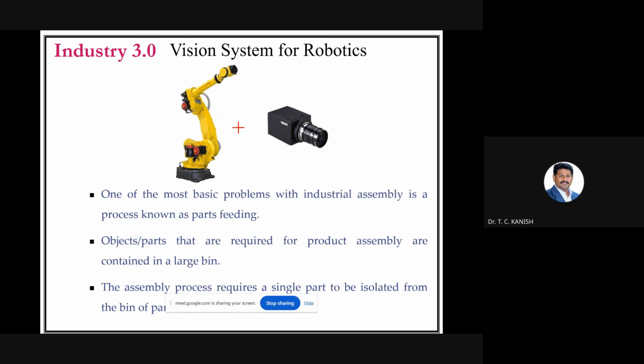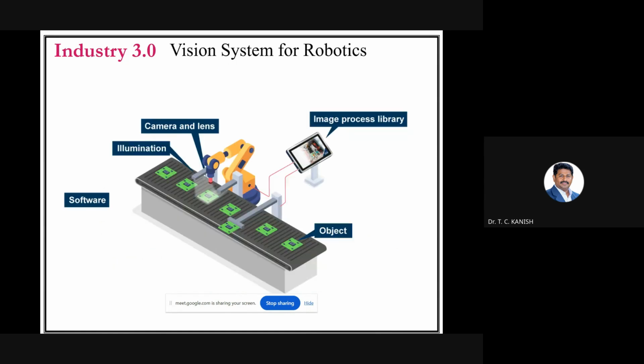So we started introducing a vision system to identify parts in an assembly. A lot of components will be there, and if you want to take out a particular component from the whole bin, we can do it using the camera. That's how we are using this.